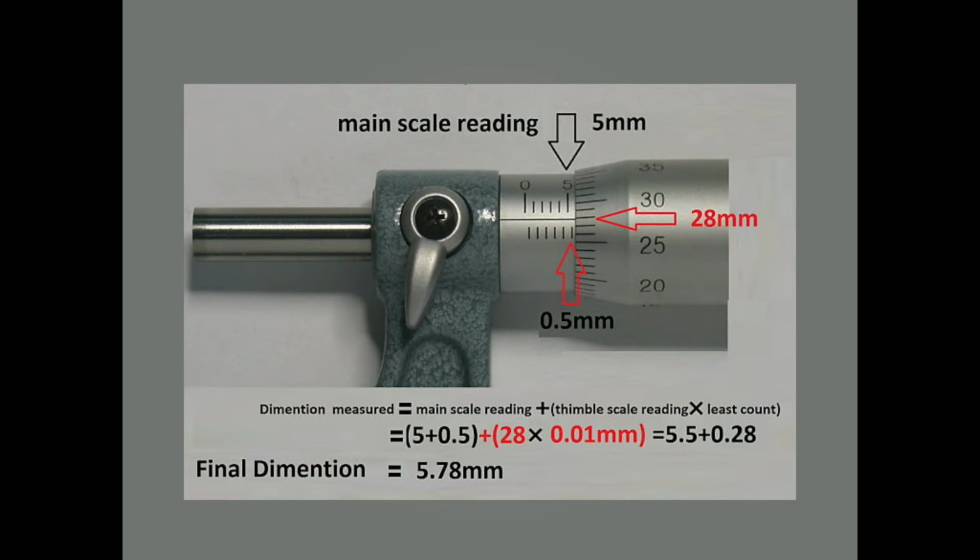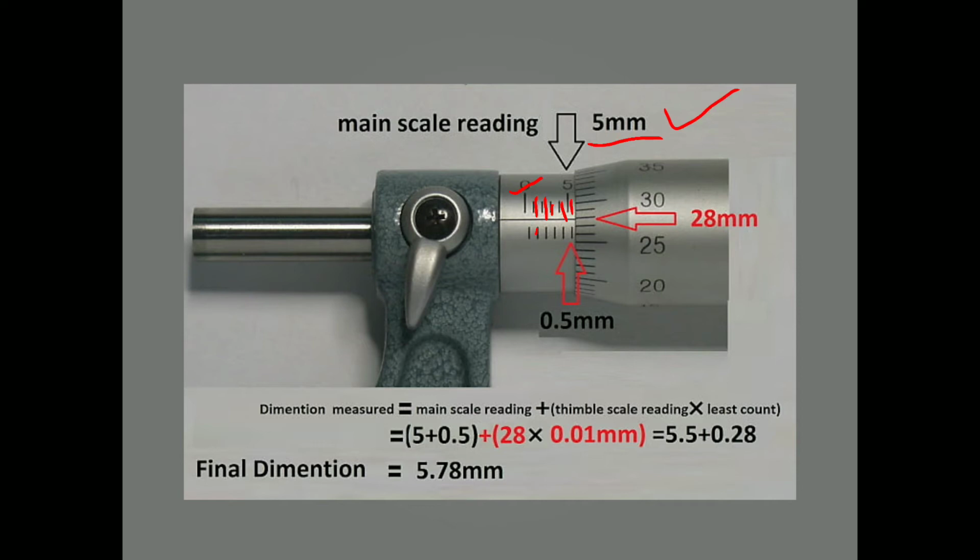So here the main scale reading is showing 5 mm. You can observe here 0, 1, 2, 3, 4 and 5.